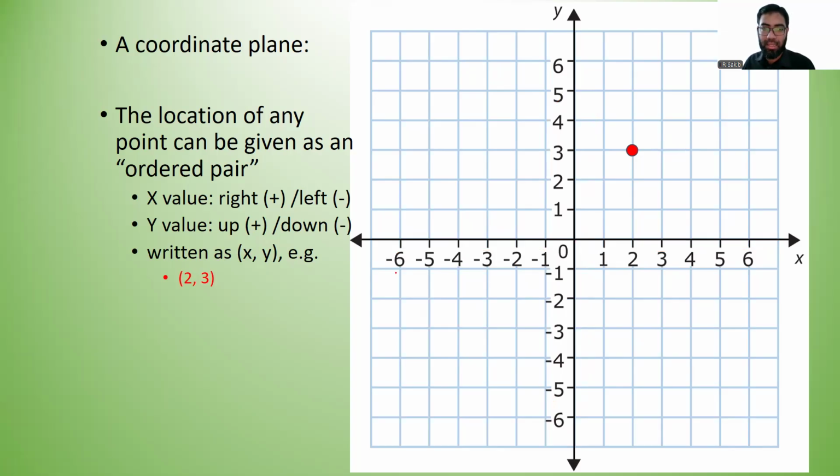Next, if I consider the point minus 4 and 1, can you locate it? I'm sorry, not 4 minus 1. Minus 4 and 1. What is the point minus 4 and 1? I'll give you 30 seconds, so you can locate it, and then I will answer as well.